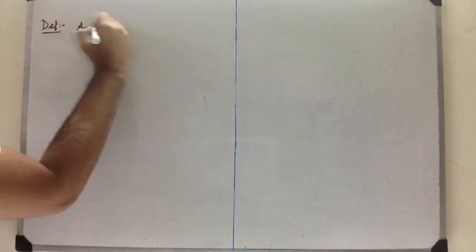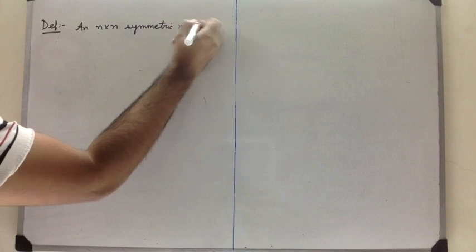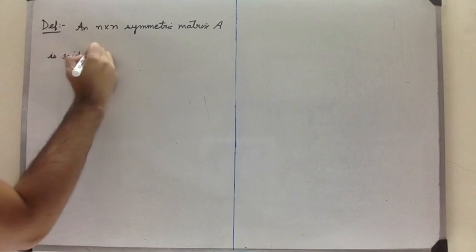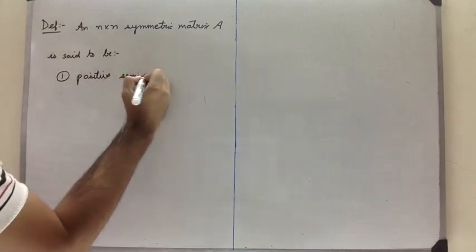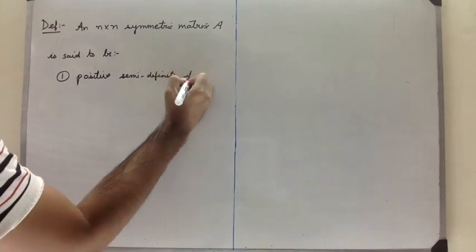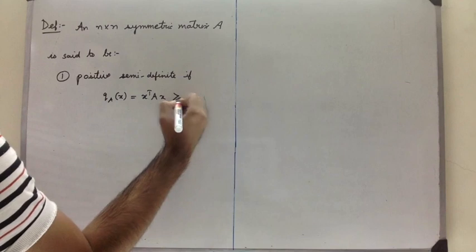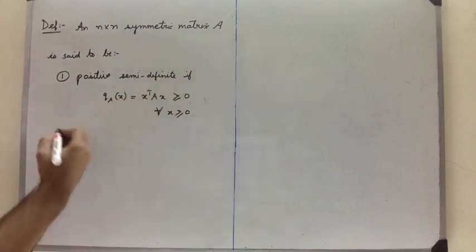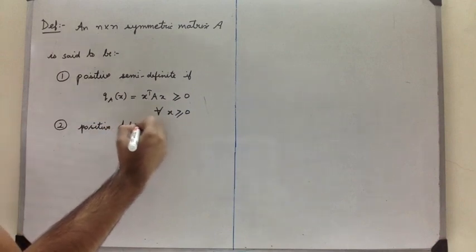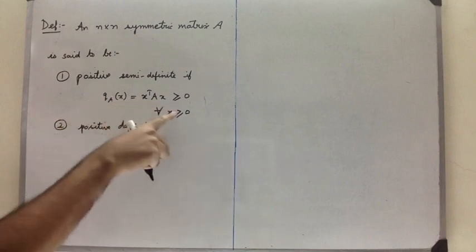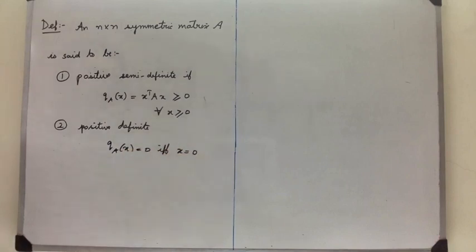An n cross n symmetric matrix A is said to be positive semi-definite if Q_A of x, the quadratic form, that is x transpose A x, is greater than or equal to 0 for all x, and it's positive definite if the only way this Q_A of x is 0 is when x equals 0.